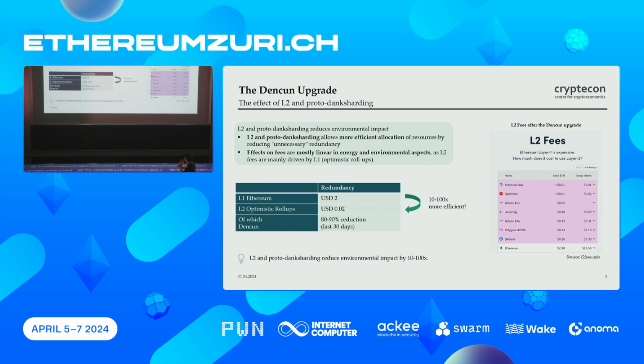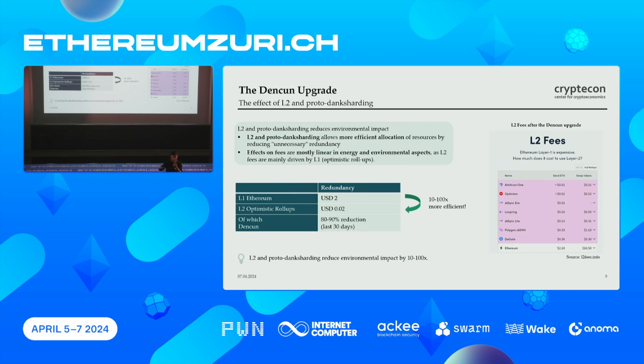If we look at the prices of L2s for optimistic rollups, relative to L1 at that point in time, these are linearly scaled. They were $2 for L1 and 2 cents for optimistic rollups at the same time that we captured this. This ratio holds over time, so maybe it can fluctuate, but because they're highly dependent on each other, it is mainly about 100 times.